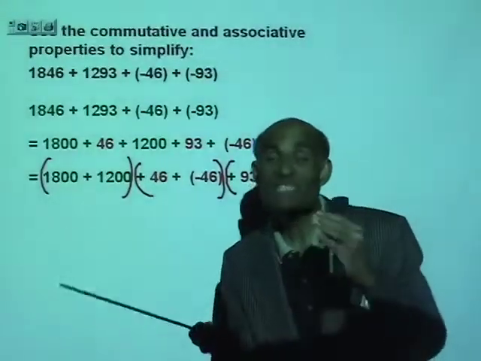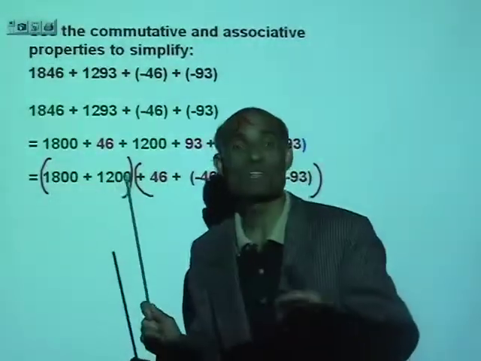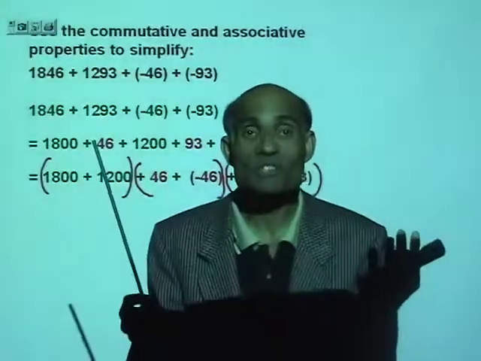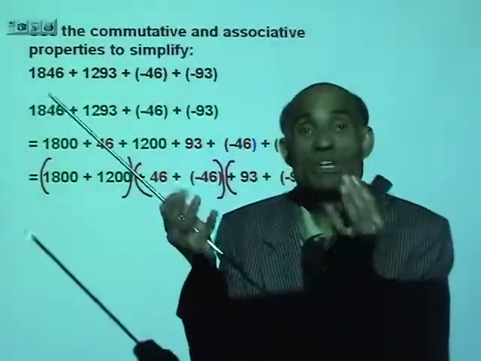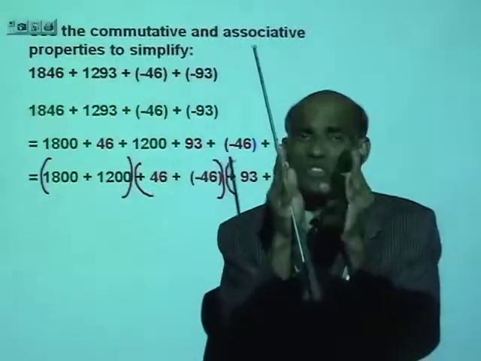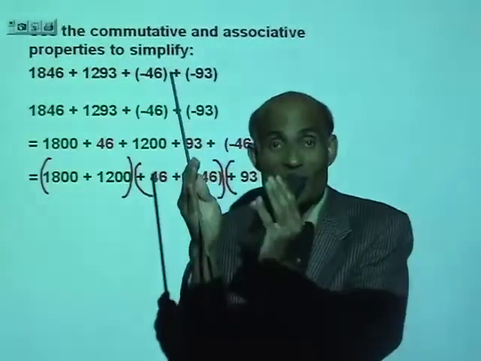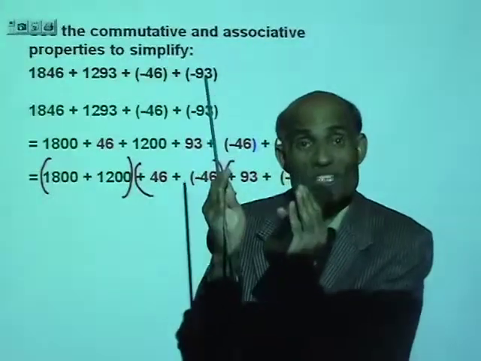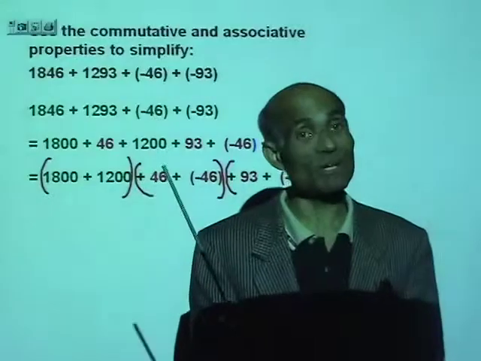You can see how easily we can get the result by simply rearranging the numbers, and the property we are using is the associative property of addition. We can rearrange the numbers so that the convenient ones can be added together. In other words, the order in which you associate them really doesn't matter in the final result.